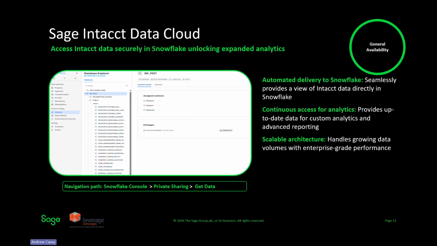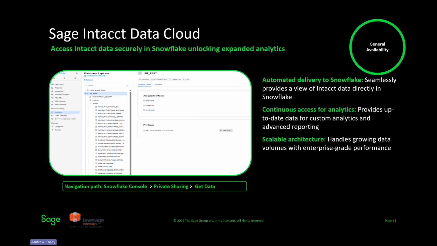You can build unified analytics without having extract, transform, load (ETL) routines, without building pipelines, etc. The Intacct data, if you have the Intacct Data Cloud subscription, will be delivered directly into Snowflake and kept up to date, making it easier for you, if you want to run SQL queries, to connect tools like Power BI and Tableau, and to support advanced reporting and visualization.